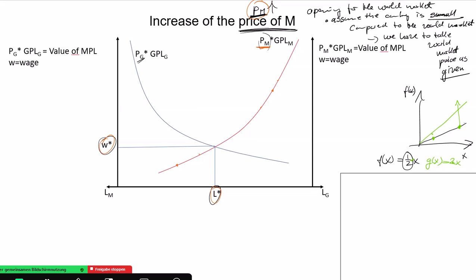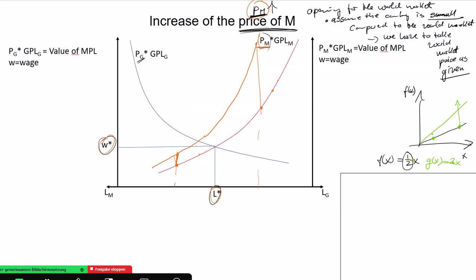So if we draw now qualitatively the new labor demand curve in the industrial sector, we maybe come from somewhere here and downward the distance between the 2 points on the different labor demand curves is here larger than downward on the left. Okay?